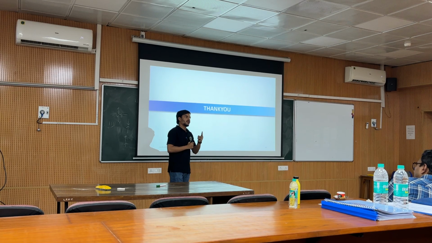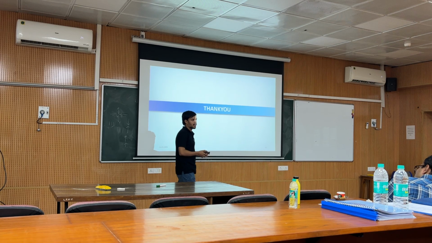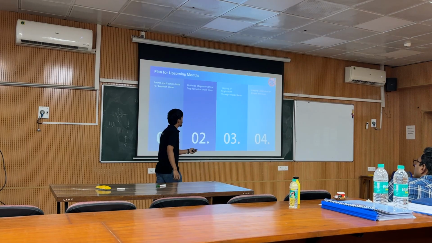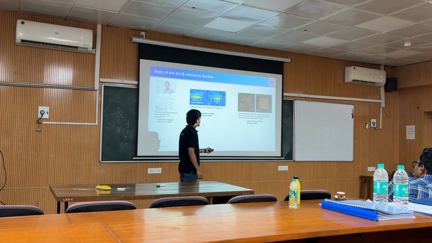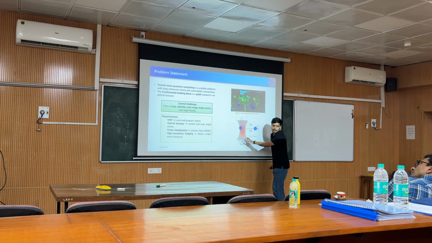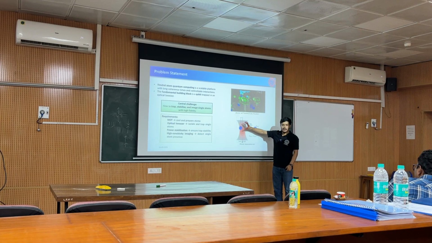And which force is responsible for trapping? There are two forces: the first is the scattering force and the other is the gradient force. Yes, sir, the gradient force is responsible. I have one slide also, I'll explain it. This is a tweezer beam, and this is the atom we want to trap.